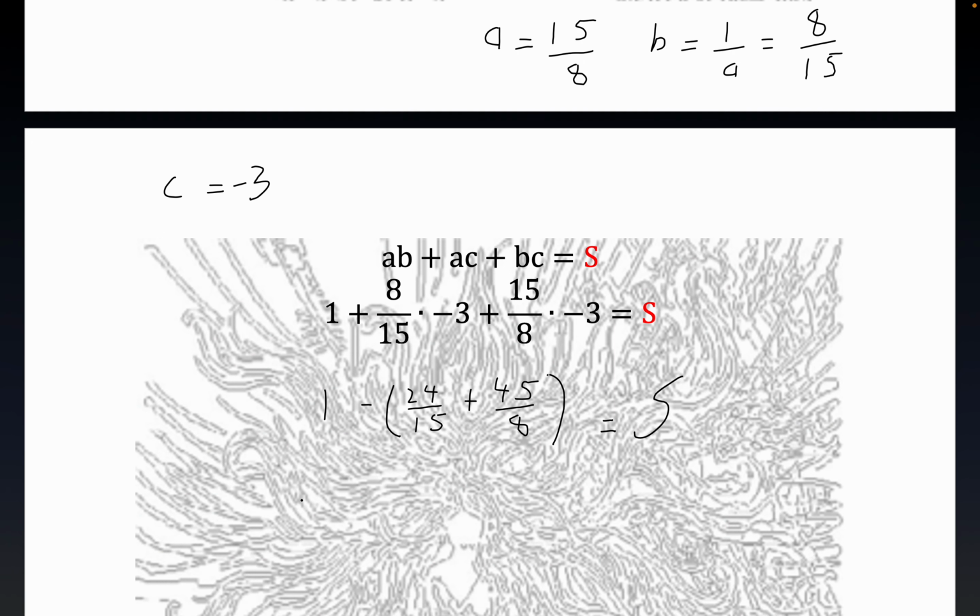So this is what, 1 minus, let's see here, your common denominator will be 8 times 15, which is 120. Okay, and then 8 times 24 is 192. This is kind of what some people call cross multiplying, although technically that's not what we're doing. And then 15 times 45 is a little bit of a problem to do in your head, but that's 675.